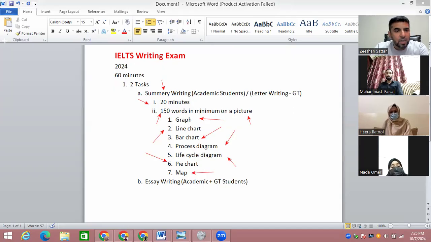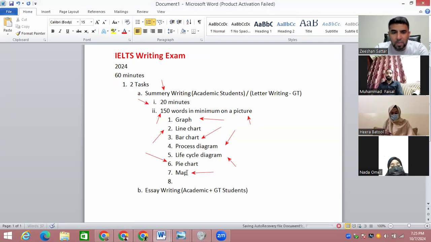So now, if we talk about summary writing, what happens further? After writing 150 words at minimum, the students will be given 33% marks in writing out of the total 100% marks. So of the total marks of 100%, 33% will come from this side.